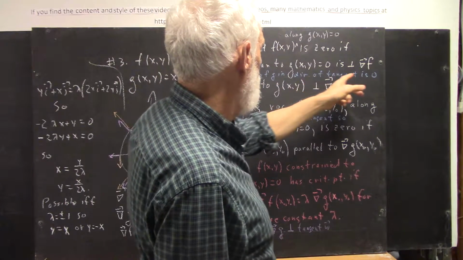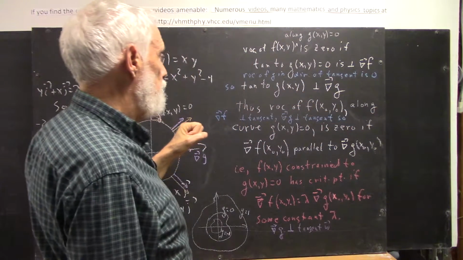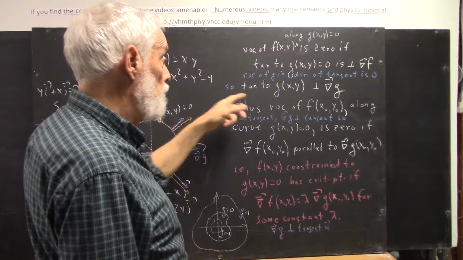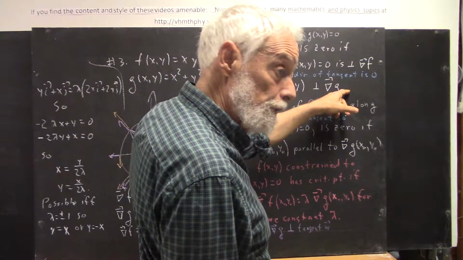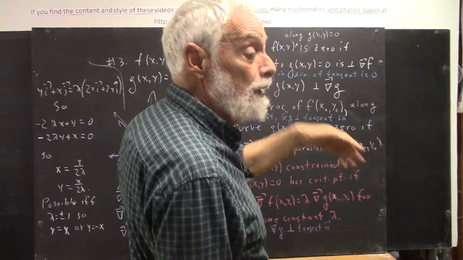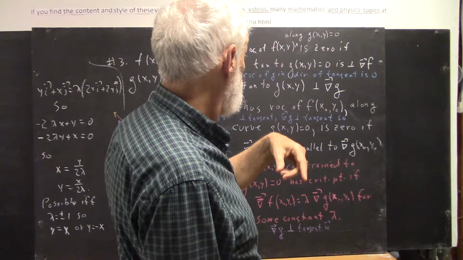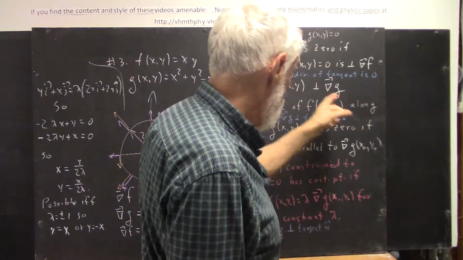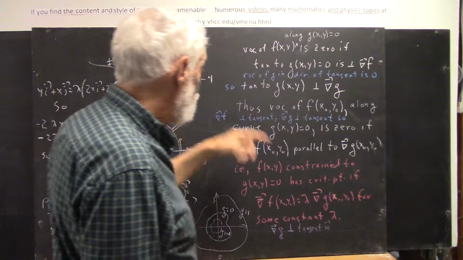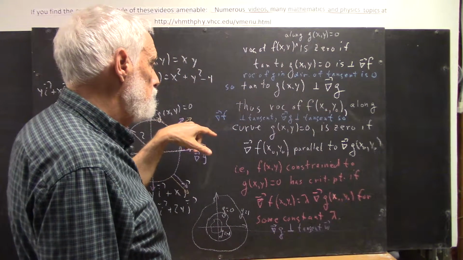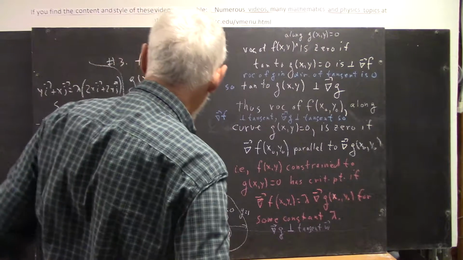The rate of change of g in the direction of the tangent is 0, so the tangent has to be perpendicular to del g, del g giving you the direction of maximum rate of change of g. Okay, and so forth. Well, let's apply it.